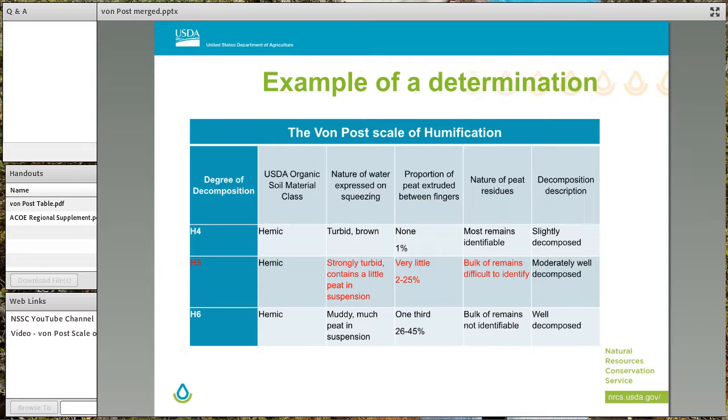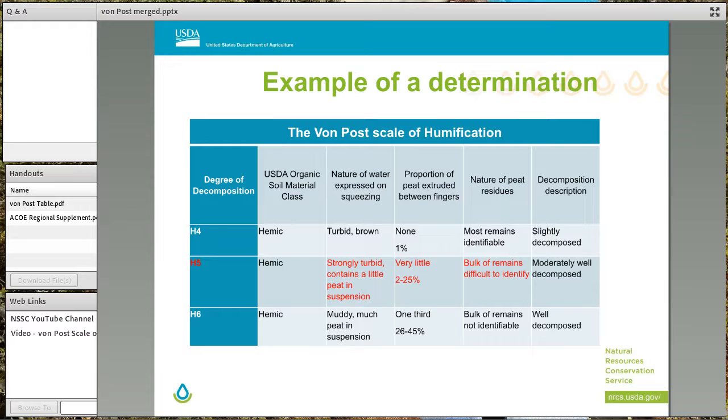So, after performing those tests, here's an example of determining the von Post scale of humification. We had a small amount of water from the sample that was strongly turbid. In column 3, that coincides with H5. With 10% of the sample extruded from the hand in column 4, that coincides with H5, 2 to 25%.